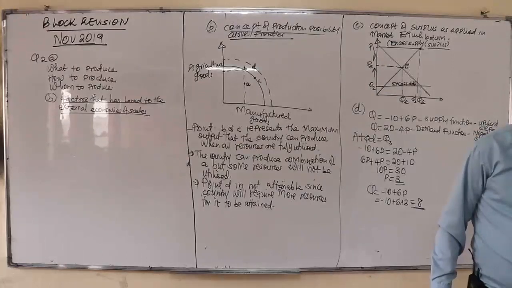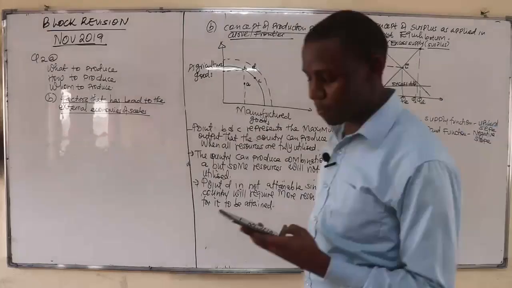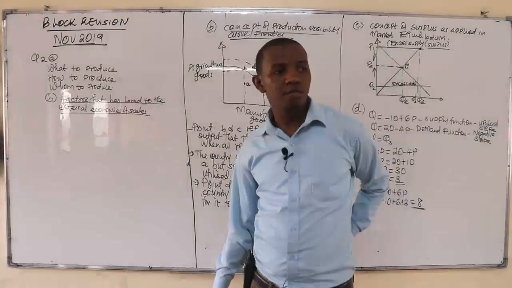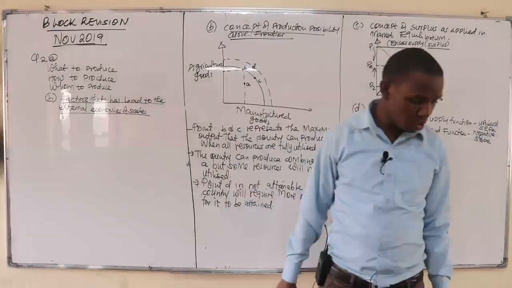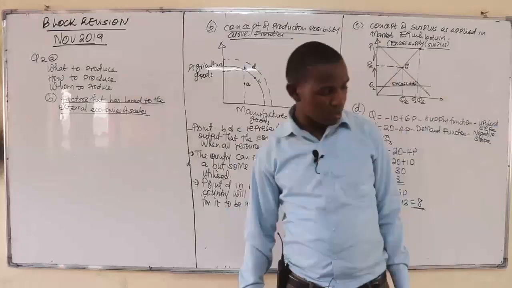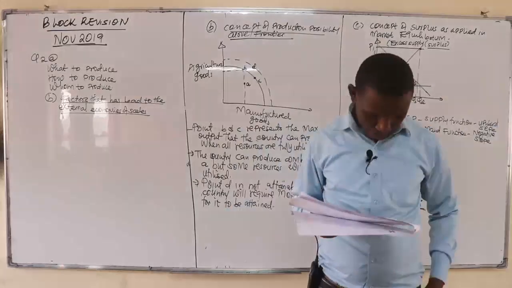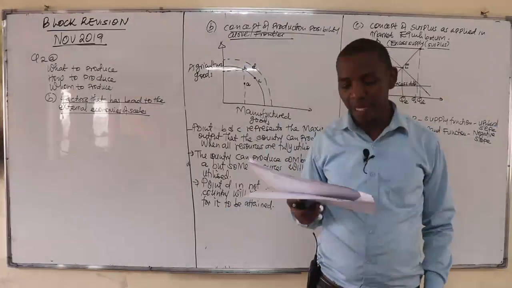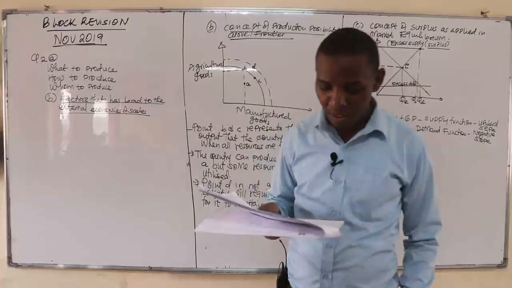The other one, improved transportation and marketing facilities, etc. So those are the factors that may lead to the external economies of scale. We continue.